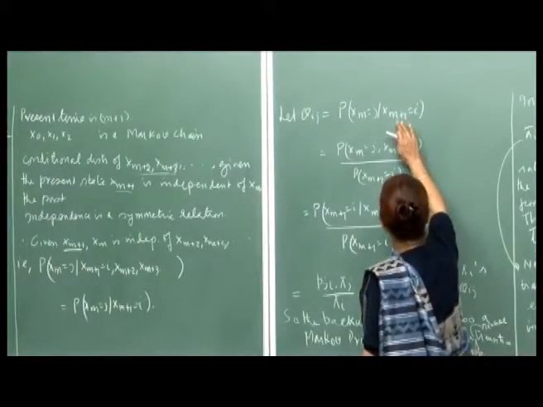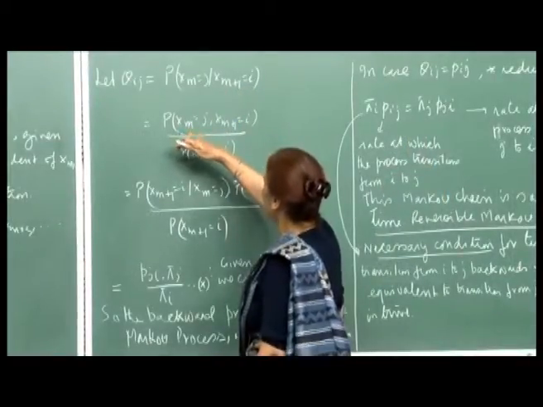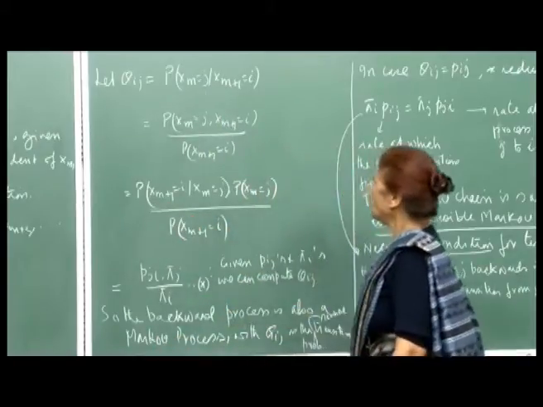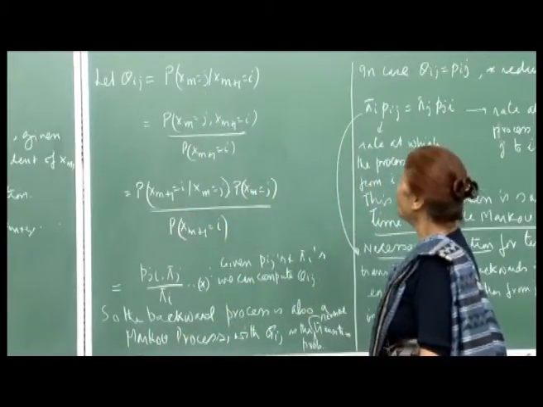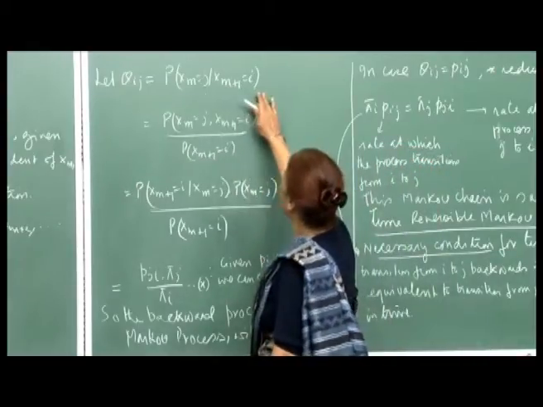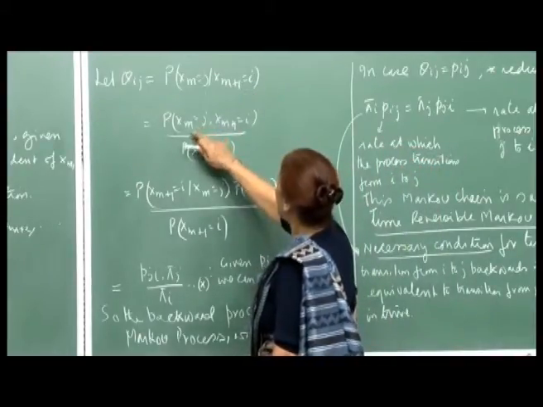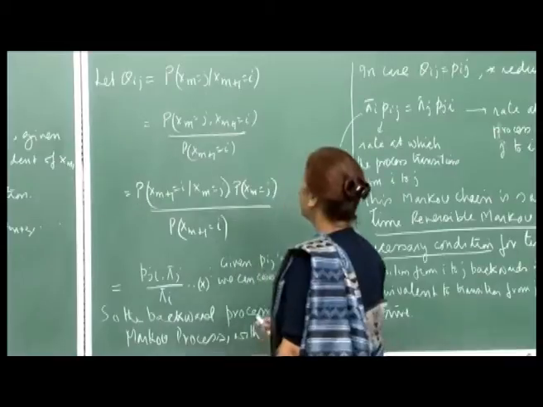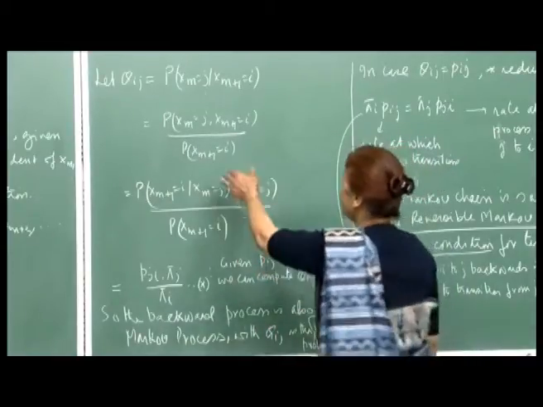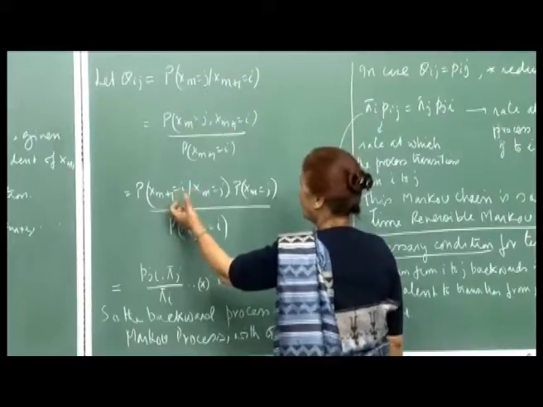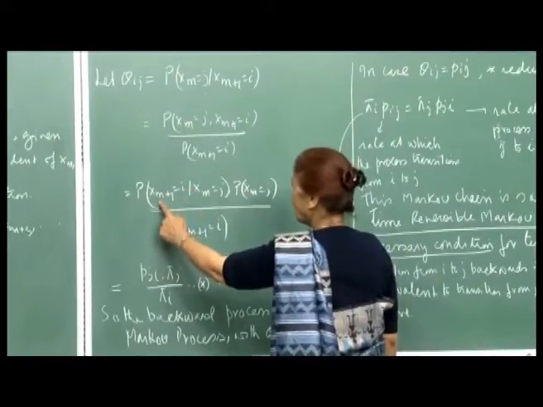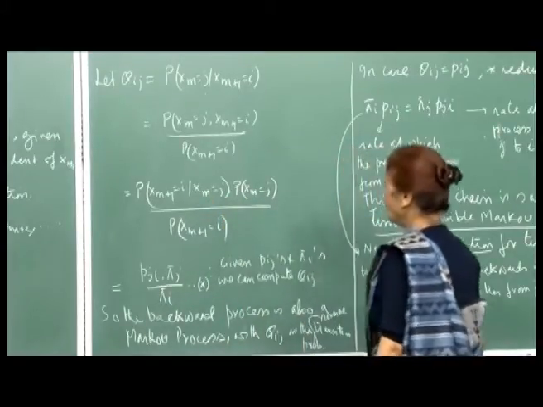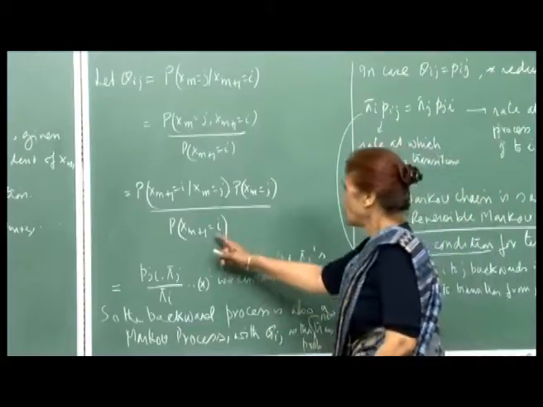Presently you are in i, and so we are occupying state j just one period before, and so this conditional probability, by the conditional probability formula, I can write as probability x m equal to j, x m plus 1 equal to i, divided by the probability of x m plus 1 equal to i. And then again this joint probability I can write as a conditional probability: x m plus 1 equal to i given x m equal to j, into probability x m equal to j, divided by probability x m plus 1 equal to i.